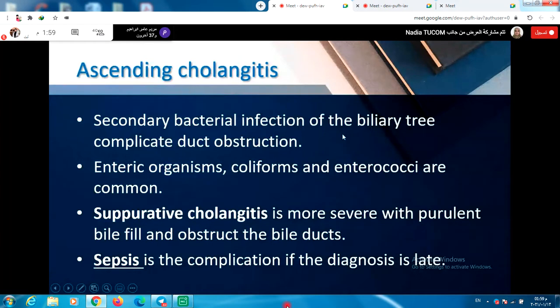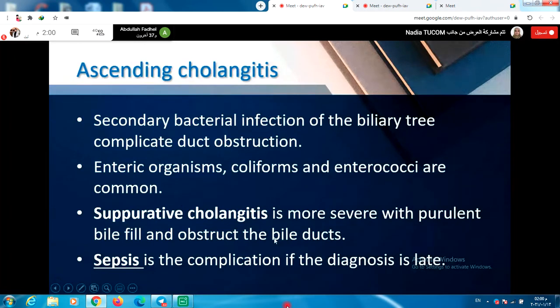a stone. So bacteria like coliforms and enterococci colonize the biliary passages, resulting in infection that ascends into the intrahepatic biliary passages and causes ascending cholangitis.